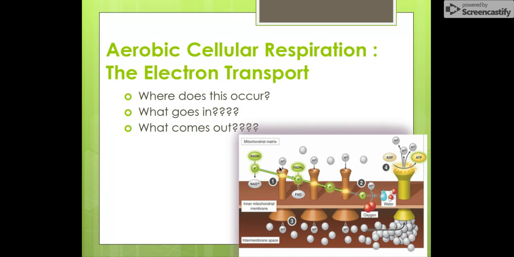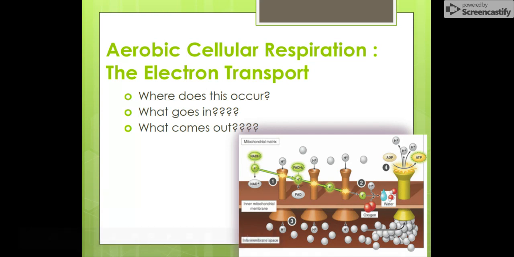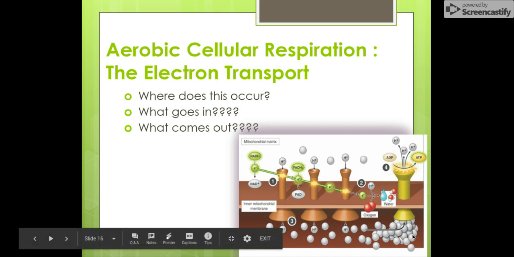So just like the electron transport chain we saw in photosynthesis, we're taking these electrons, and as they move down these energy levels, they're releasing energy to pump these hydrogen ions from the outer membrane to the inner membrane of the mitochondria. So we create this concentration gradient of a lot of hydrogen ions inside, very few outside, so that when we open up this ATP synthase, they all rush out.